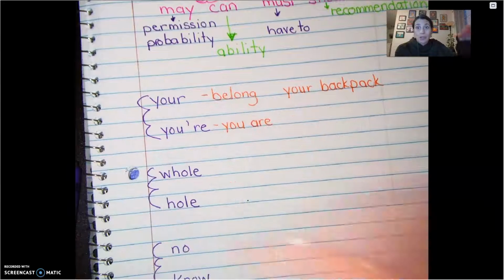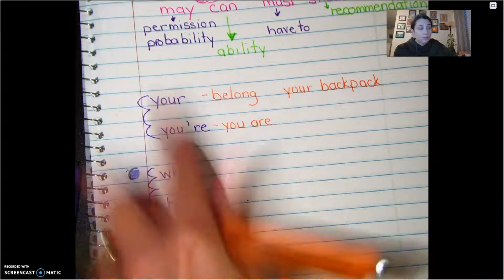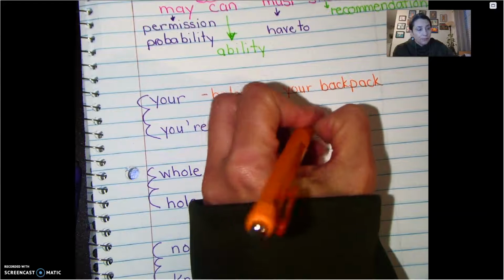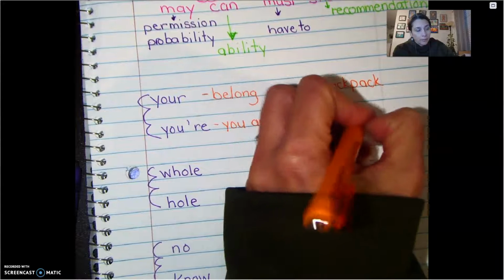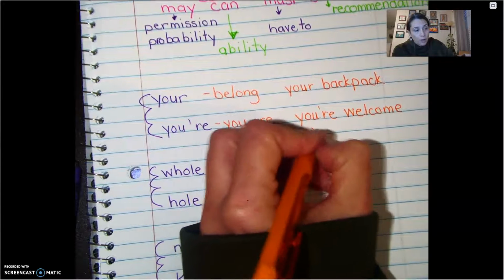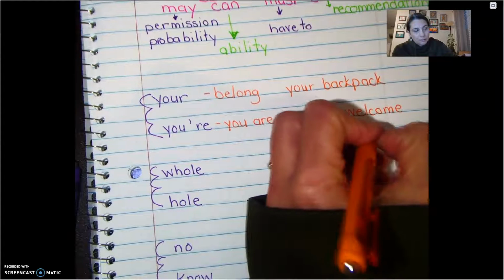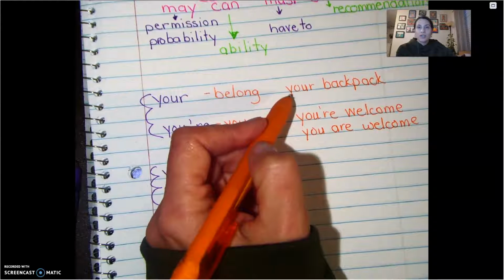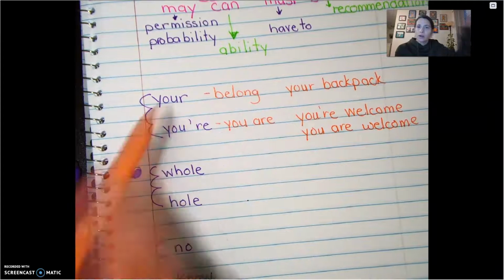So if you can replace your with you are in the sentence, then it's most probably this one. For example, you're welcome stands for you are welcome. It's a contraction. So if we did you are backpack, does that make sense? No, so it's this your.